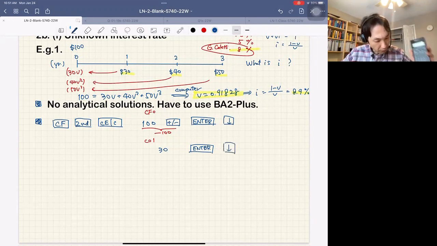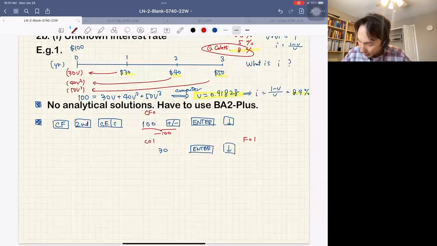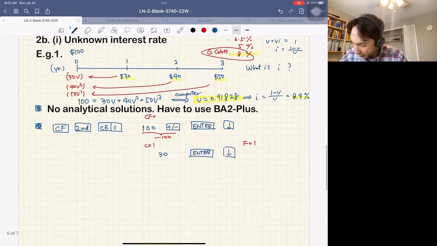Then you will see F01. So this is the frequency: how many $30 payments will be made, and only one payment. The default value is 1, so you don't really have to put anything. So you can go down again.